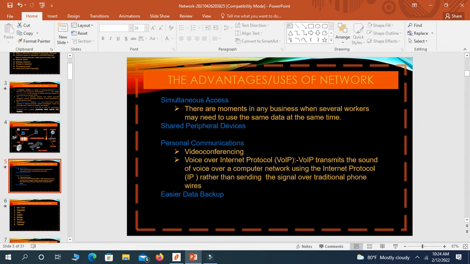What did it do? It converted the voice signal and transmitted it over a computer network, not through the traditional wireless or mobile network. They transfer the audio signal through a computer network. So this is what they do.